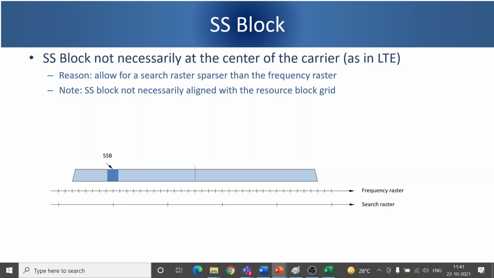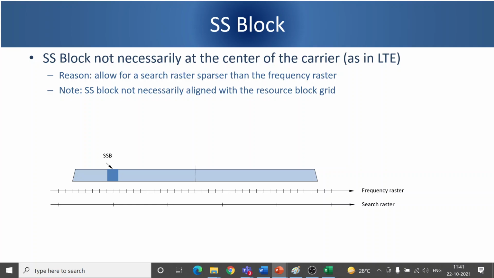So it was very easy in 4G LTE, your synchronization signal is always in the center of the frequency. Whereas in 5G, it is not in the center, it can be located at multiple locations. For example, in the N2 band, which I discussed, there were 140 probable locations where this synchronization signal can be located.